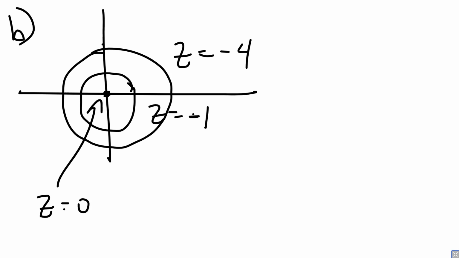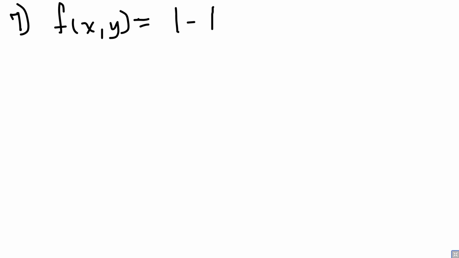Okay. All right, let's look at the next one. And this is problem number 7, I think. So here we've got f of x y is equal to 1 minus the absolute value of y.